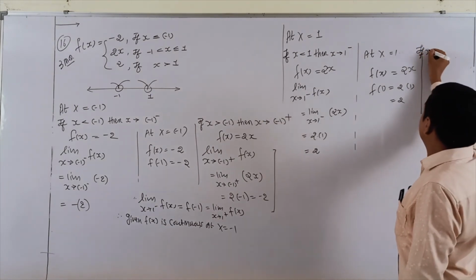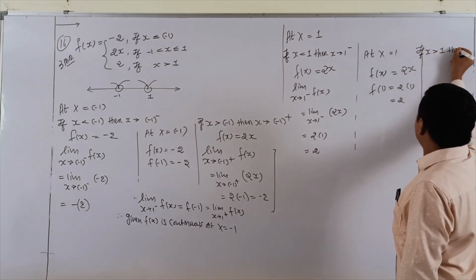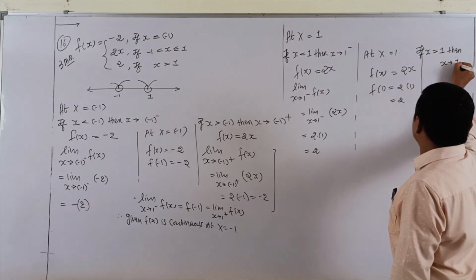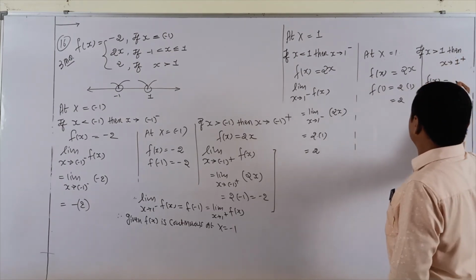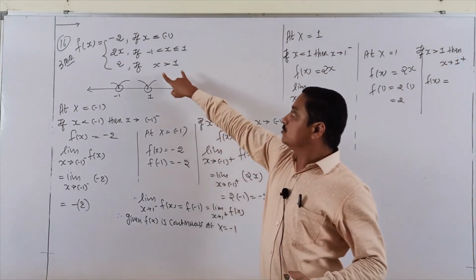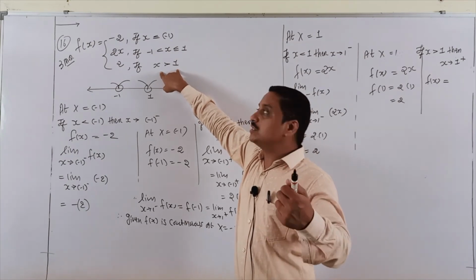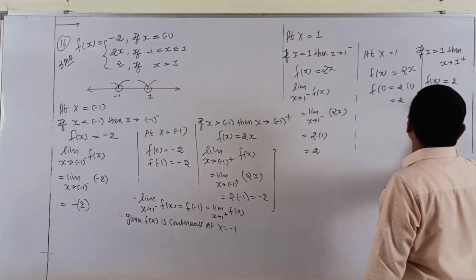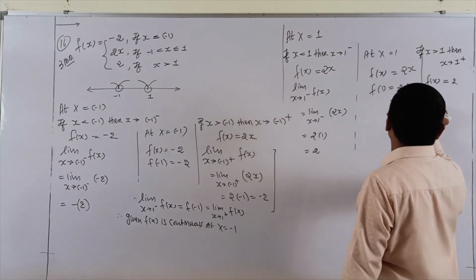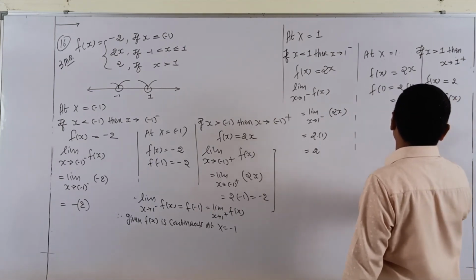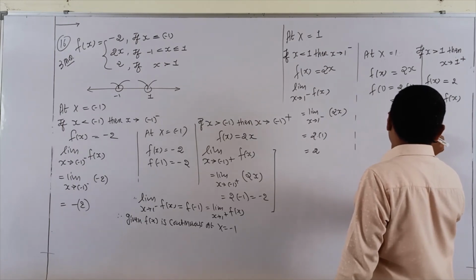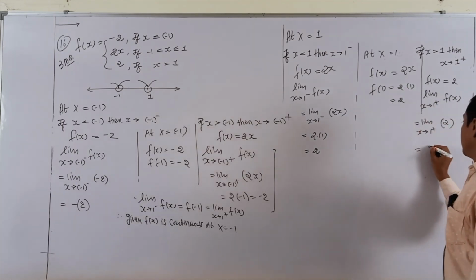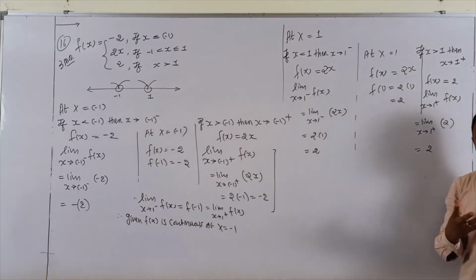And finally, if x is more than 1, then x tends to 1 positive. And this function, particularly given for more than 1, is how much? Only and only 2. So the limit as x tends to 1 positive side is moving to the same value. My answer is only 2.